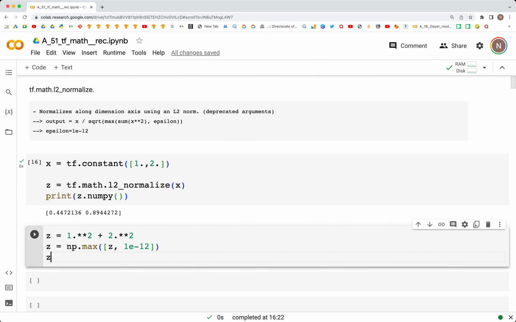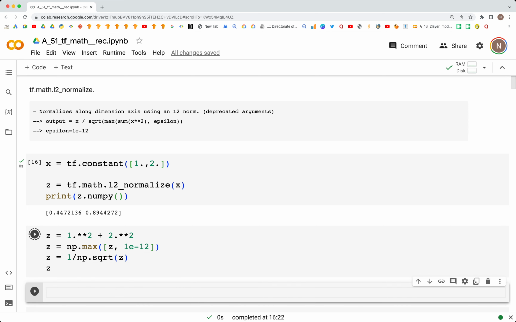And then we take the inverse and square root. So 1 divided by np.sqrt of z, and then we print z.